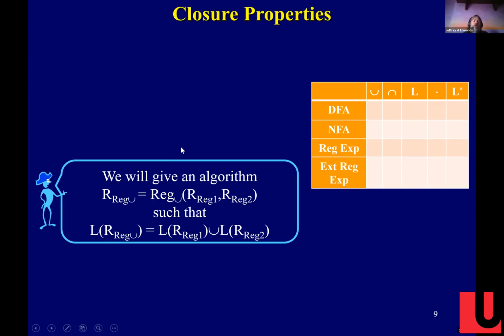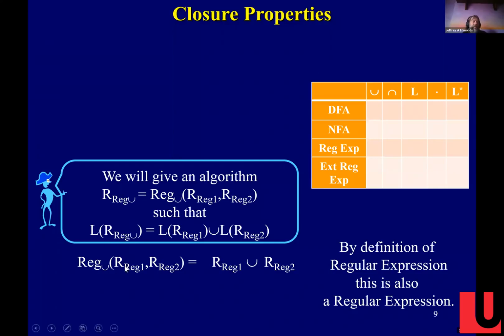Some of them are obvious and some of them will be hard to prove. Now we can talk about regular expressions. We want to know, is the set of regular expressions closed under union and concatenation and so on? Well, here it's really obvious. If R1 is a regular expression and R2 is a regular expression, then here's a function that takes two regular expressions and outputs a third regular expression.